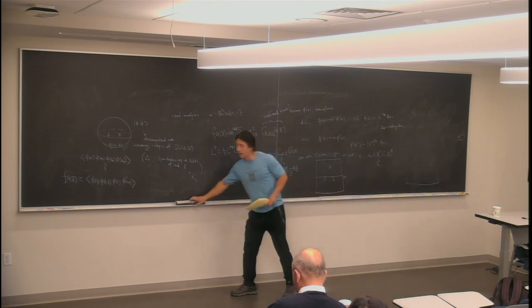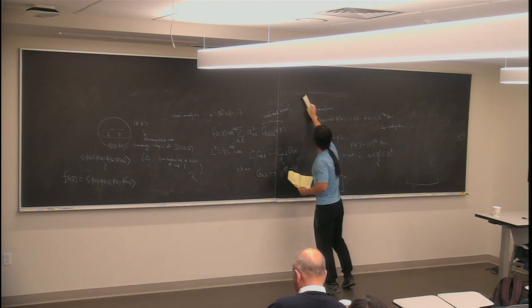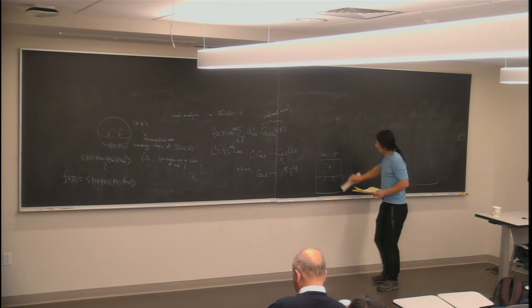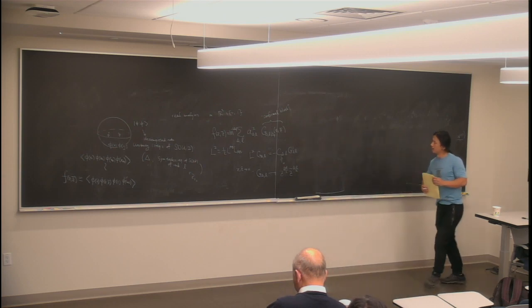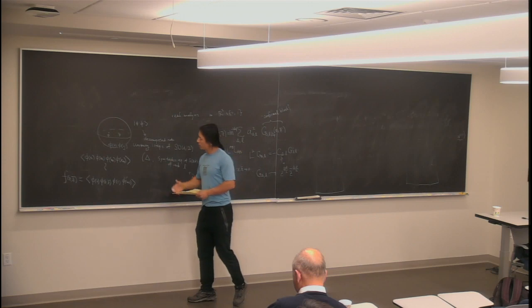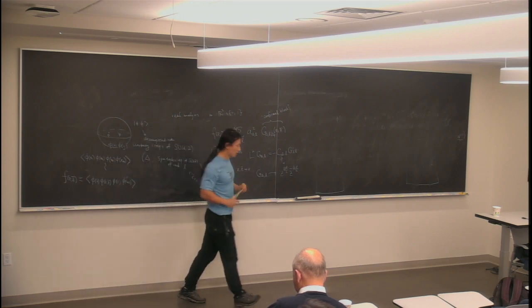Okay, so now the important property I would like to mention is that, at least in the old way of thinking about the operator product expansion, the OPE in quantum field theory, when the operators are close to each other they can be replaced by some local operator.